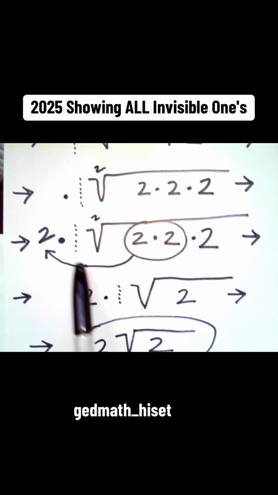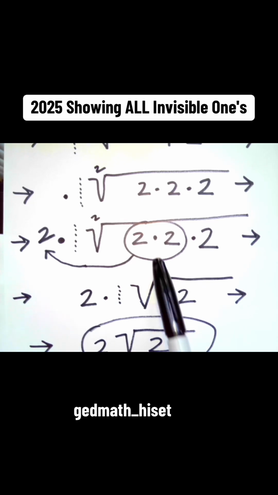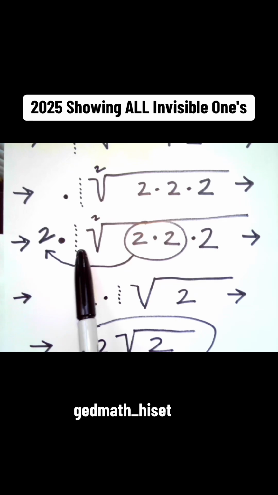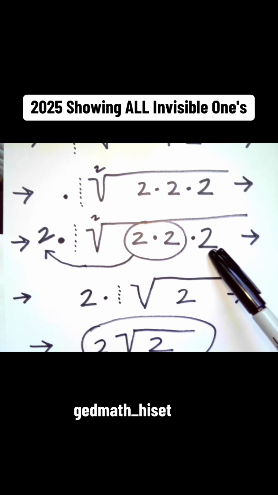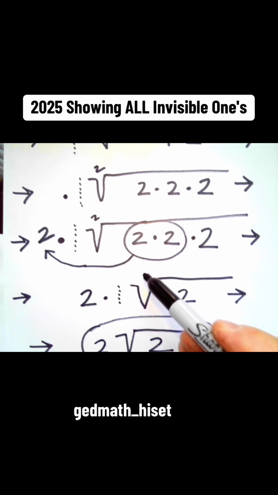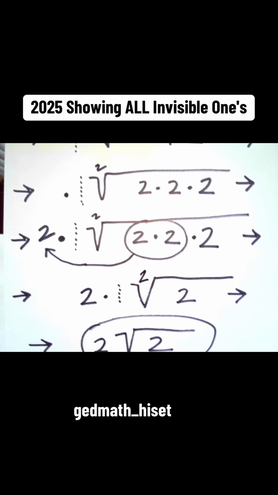Whatever you pull out outside of the radical, you must multiply times this invisible 1. Or there could be another term, another variable sitting out here. Whatever you pull out of the radical, you must multiply times. If nothing is there, show that invisible 1. It'll help clarify things. Whatever's left inside the radical or the square root, you're going to leave that inside the square root.